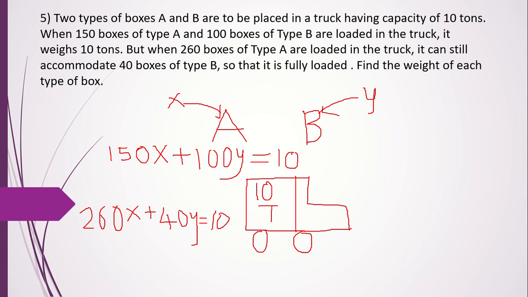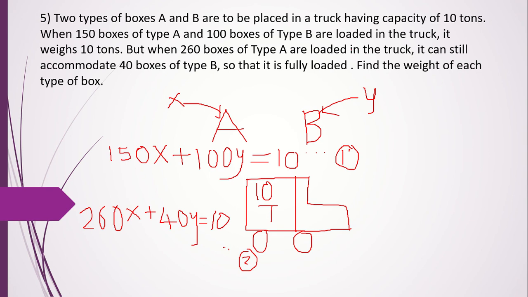This is going to be my equation number 1, and this is going to be my equation number 2. We are going to simplify these two equations, solve them simultaneously, and get the value of X and Y.